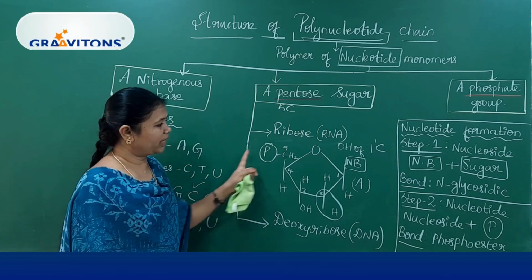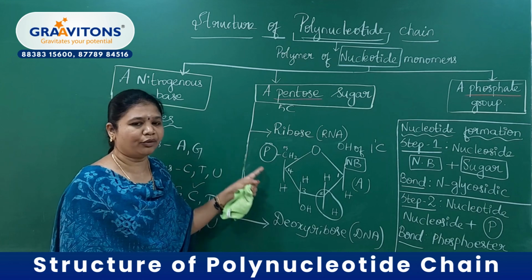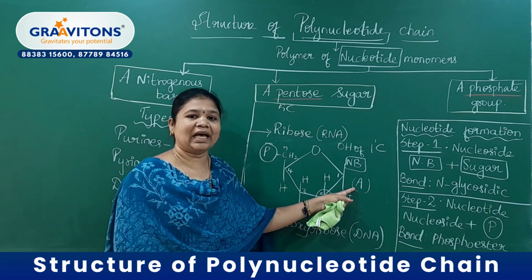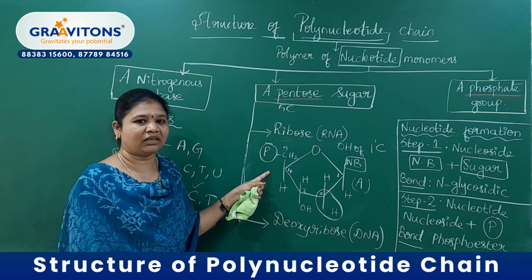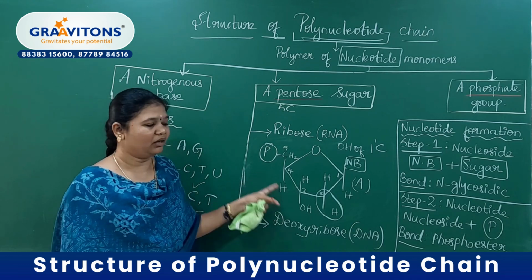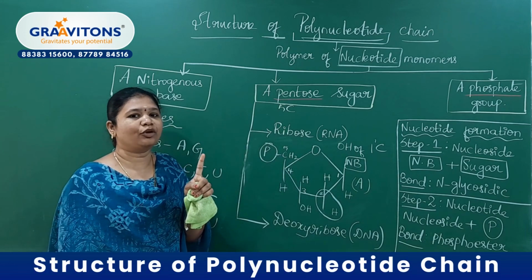So in the entire structure you have a nucleotide. The naming of the nucleotide is deoxyadenylic acid. Names ending with the suffix acid, like adenylic acid, guanylic acid, cytidylic acid, uridylic acid, thymidylic acid, are all nucleotides. So this is the formation of a single nucleotide monomer.